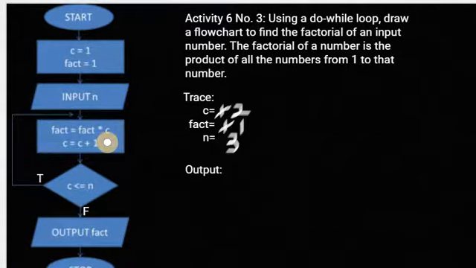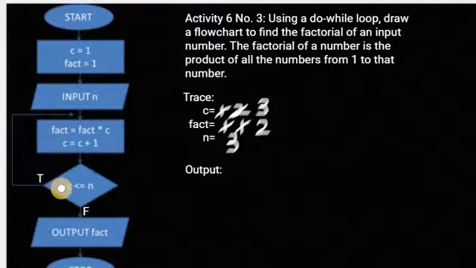That's 1 times 2 is 2. 2 goes to variable fact. So now we're going to replace this with the new value 2. And then here we have 2 plus 1, that's 3. 3 goes to C. We're going to replace this with the new value 3.